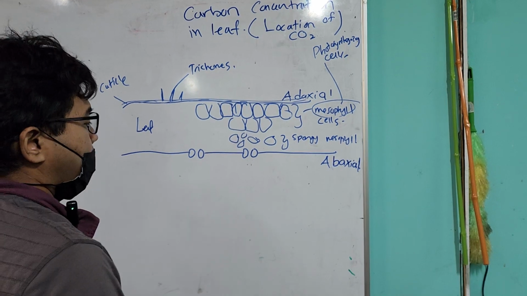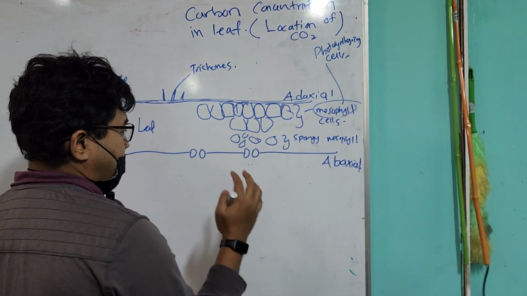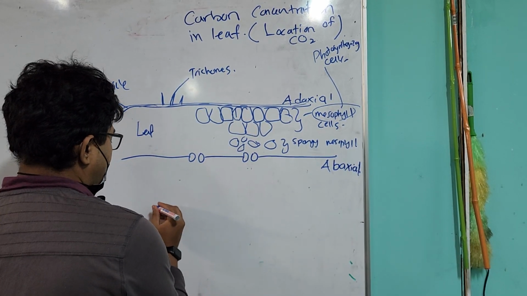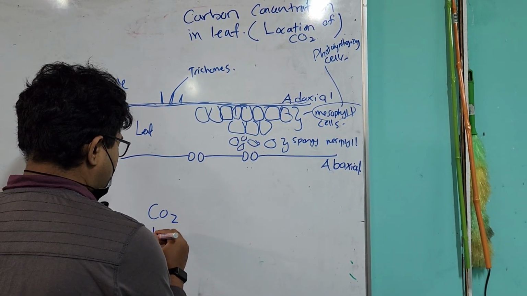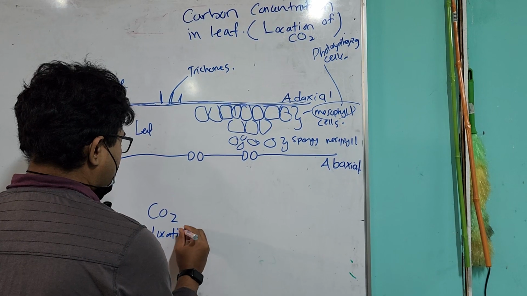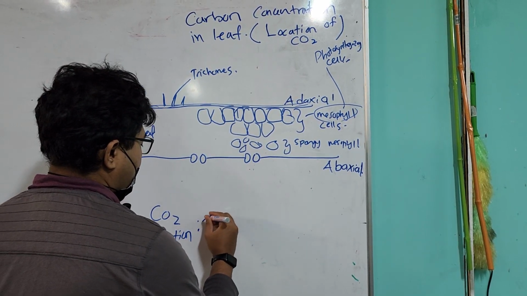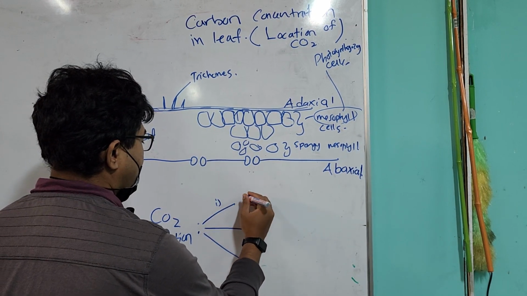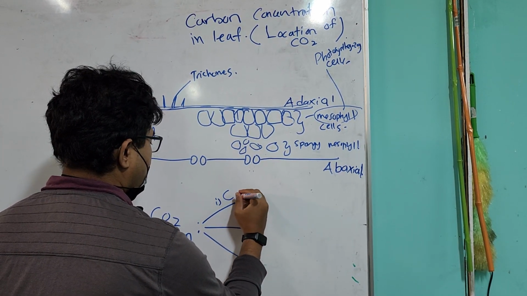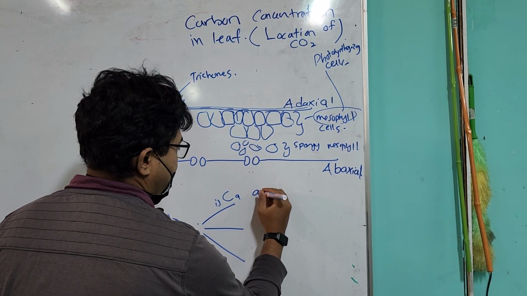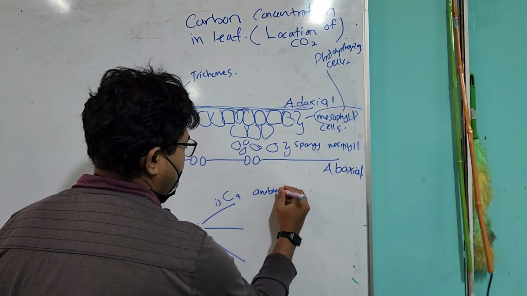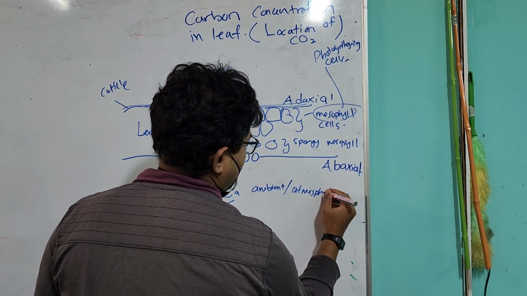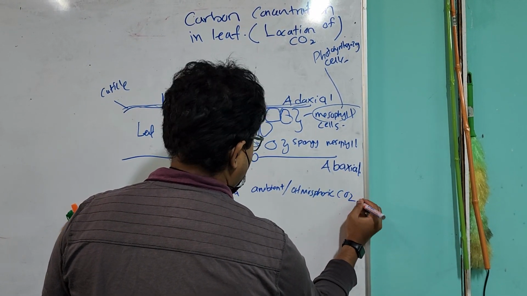Now let's talk about CO2. CO2 can be present in 3 locations. So you got your CO2 location. There are 3 in essence. Number 1 is Ca, ambient or atmospheric CO2.